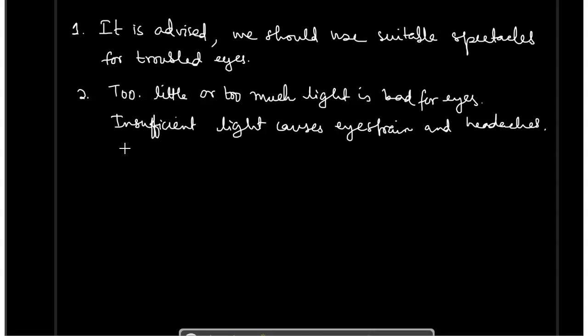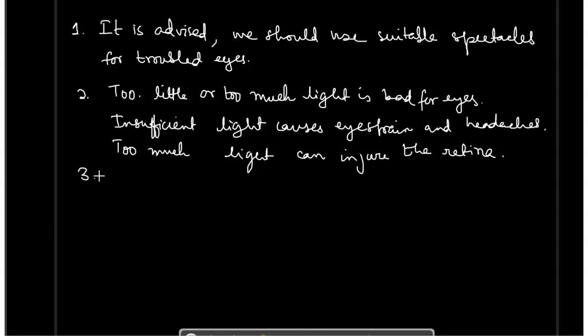And if there is too much light, like that of the sun, then it can injure the retina. So make sure there's sufficient light, neither too little nor too much.